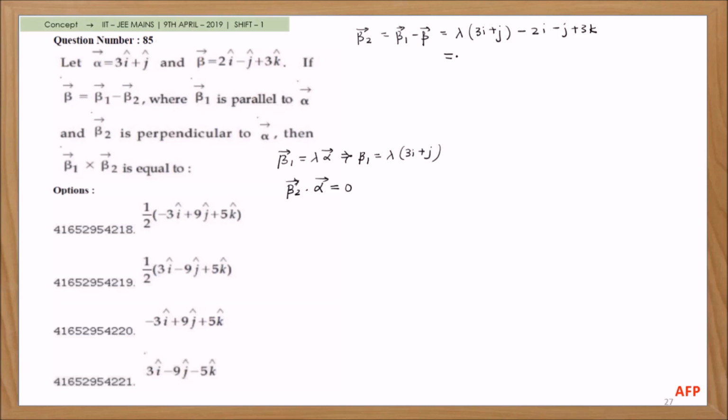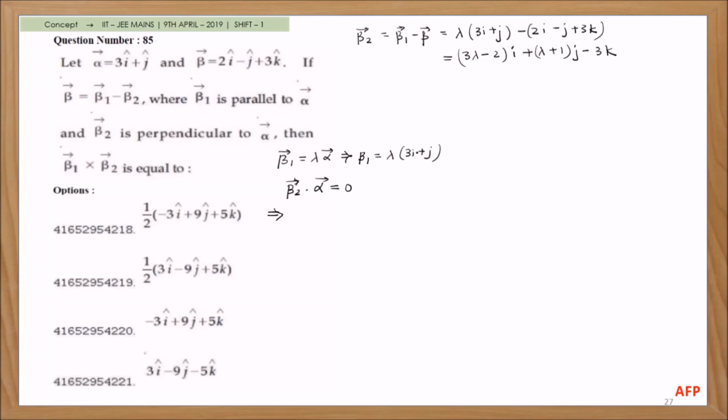So it's simplified. We can write this as 3 lambda minus 2 into i plus lambda plus 1 into j minus 3k. So beta 2 is perpendicular to alpha, then the dot product is 0.